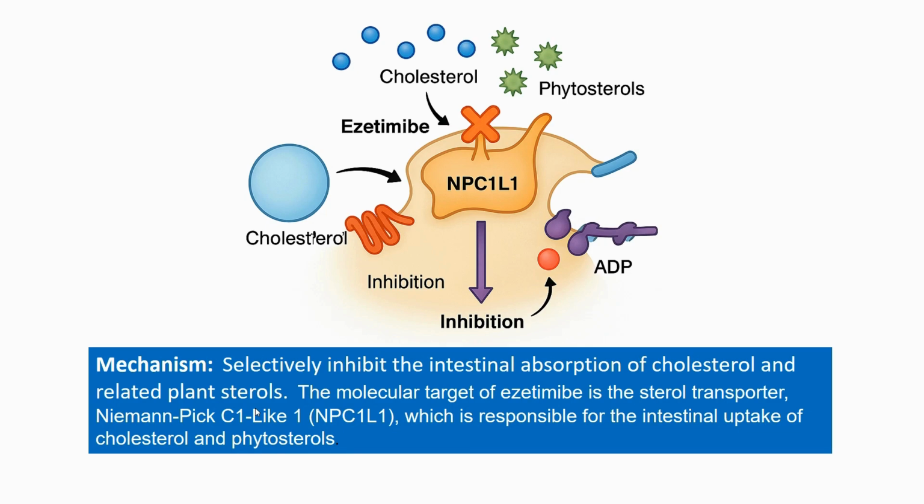So these drugs primarily target the dietary cholesterol, and the molecular target of ezetimibe is a sterol transporter called Niemann-Pick C1-Like 1, NPC1L1, which is responsible for the intestinal uptake of cholesterol and plant sterols. Therefore, these drugs inhibit it. As a result, it reduces the absorption of cholesterol into the blood circulation. Thus, they lower the cholesterol.